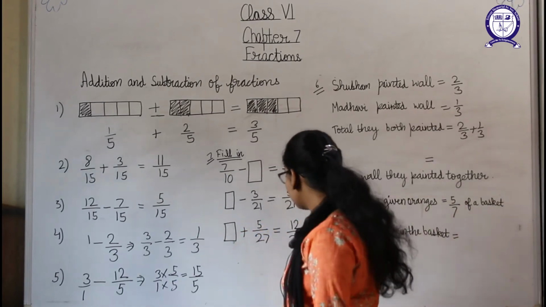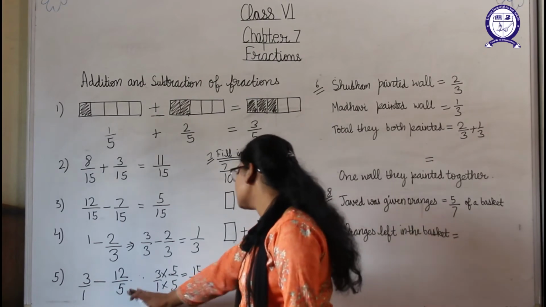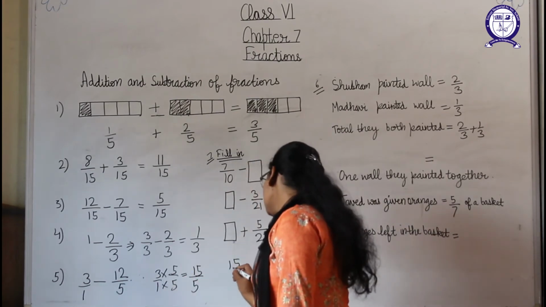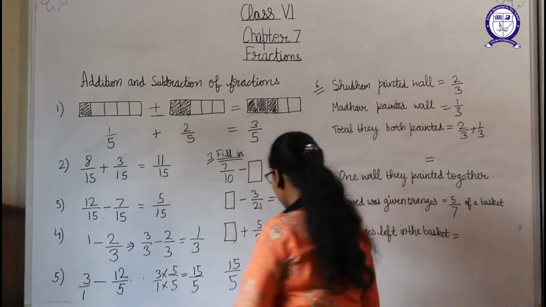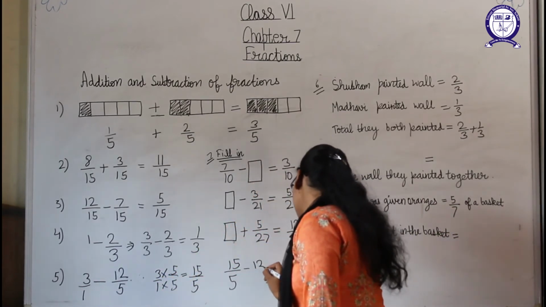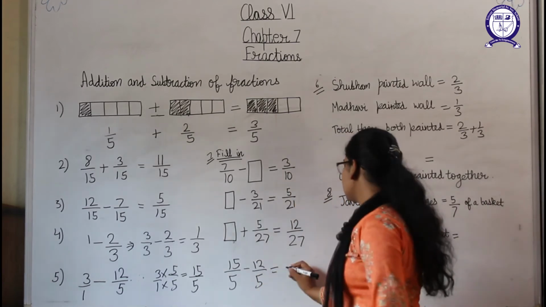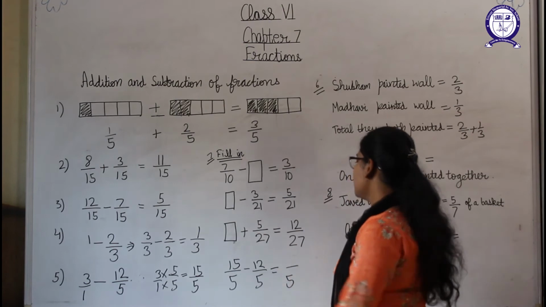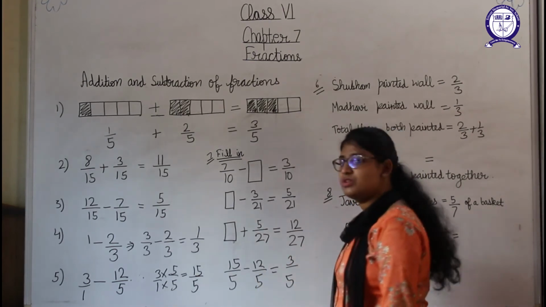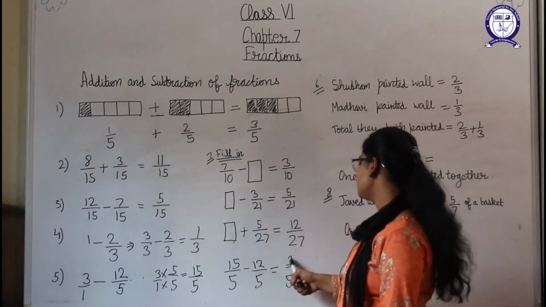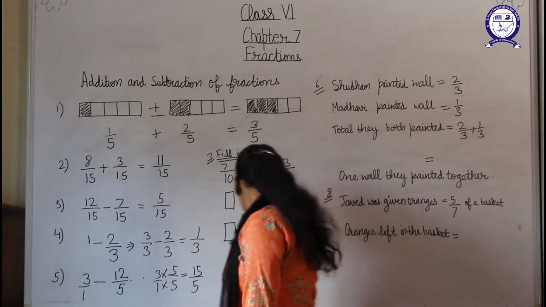Here for this answer we will subtract 12 by 5 from 15 by 5. Now the denominators are equal, so in the answer the denominator will be 5. Here 15 minus 12 gives us 3. So this is our answer for our fifth question.